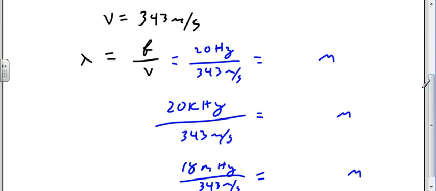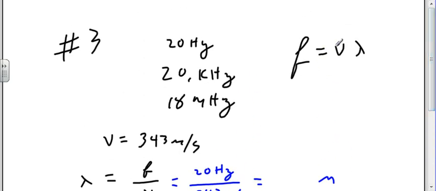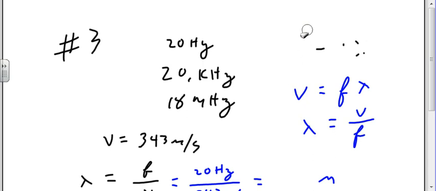Let's reconsider this for a moment. The formula we want is velocity is frequency times wavelength, and so wavelength would be velocity divided by the frequency. That makes every single thing I've written so far wrong.